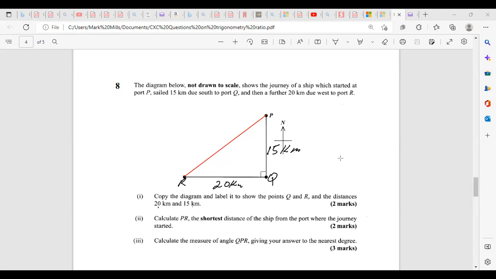Next question. Calculate PR, the shortest distance of the journey when it started. So they say I should calculate the shortest distance, PR. What formula will allow me to find PR? Quickly.